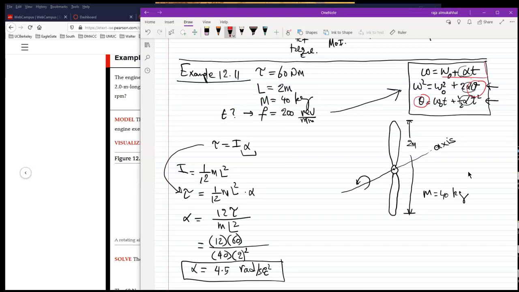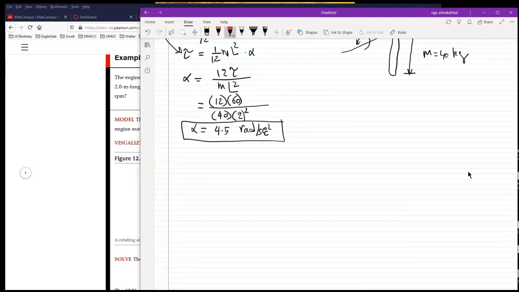The first equation doesn't have theta, so I'm going to go with this one. He says at startup, which means omega naught is 0, correct? So basically what I have is omega equal to alpha t, and from there I can find the time. You see the plan?